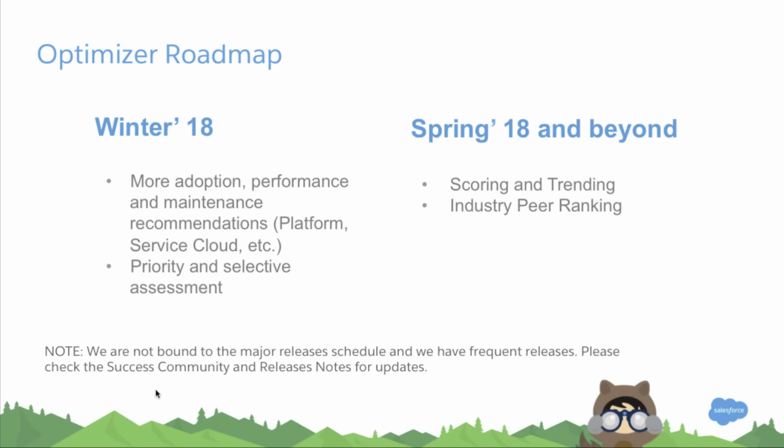If we look at the roadmap, we're gonna be working on two main themes in the next few weeks and months. The first one is really to give you more insight about features that you could be leveraging to make your Salesforce and business better.